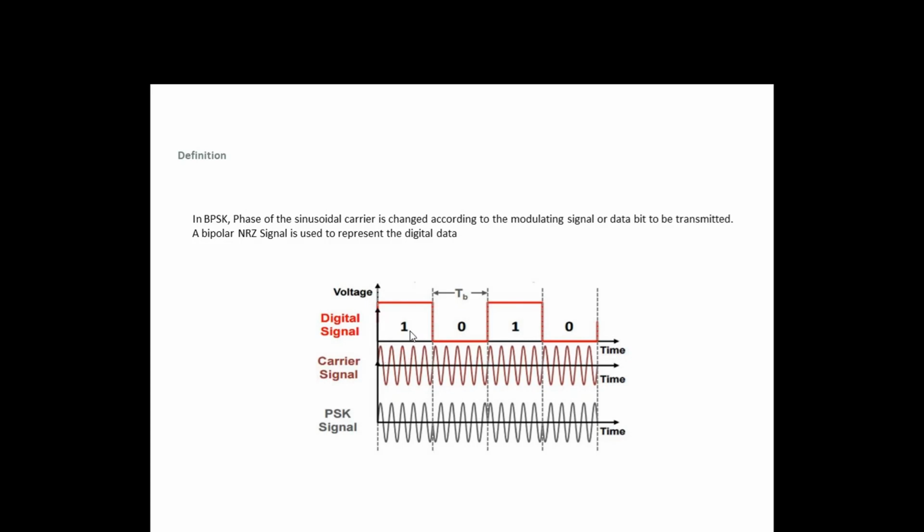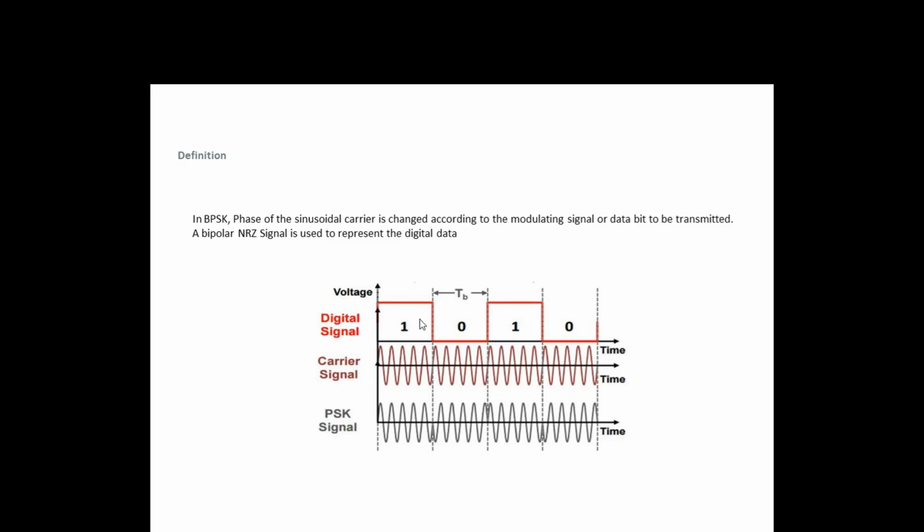The concept here is, if we receive the input bit as 1, the phase of the carrier is varied with 0-degree phase shift. Simply, we should not change the phase of the carrier if we receive the input bit as 1.